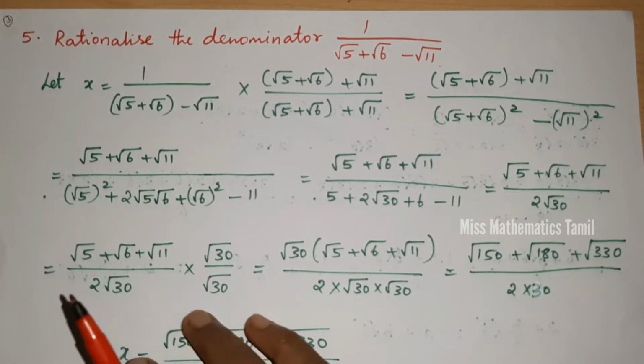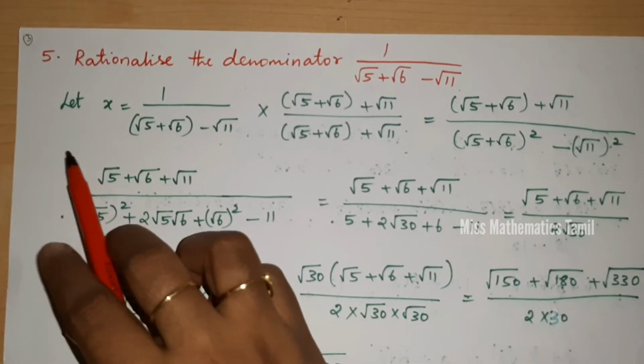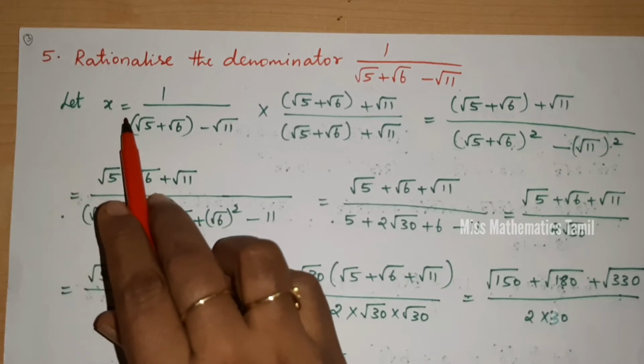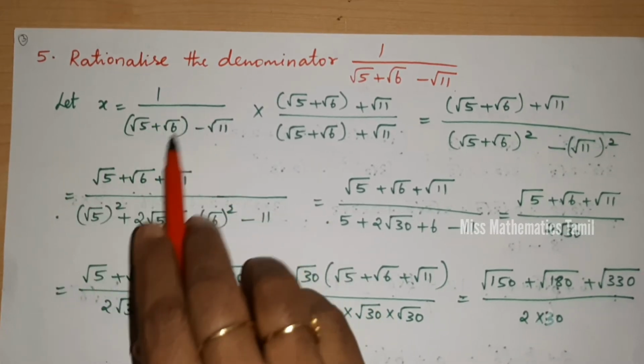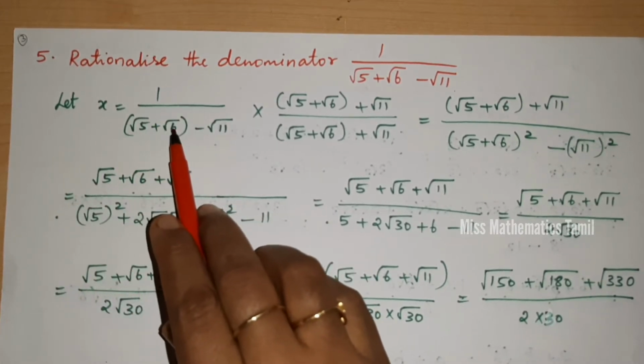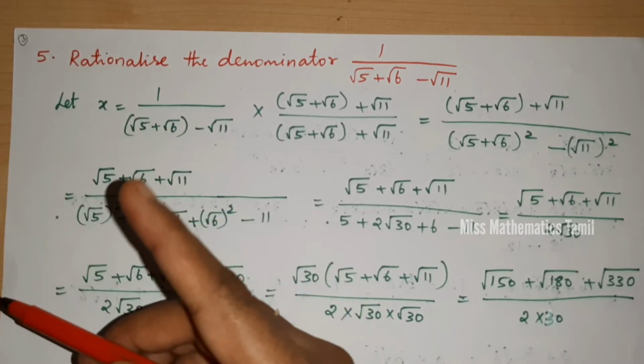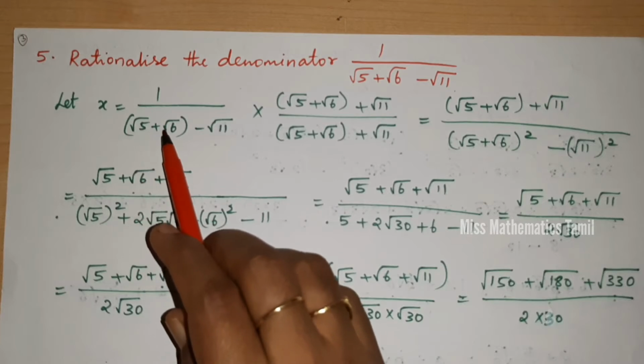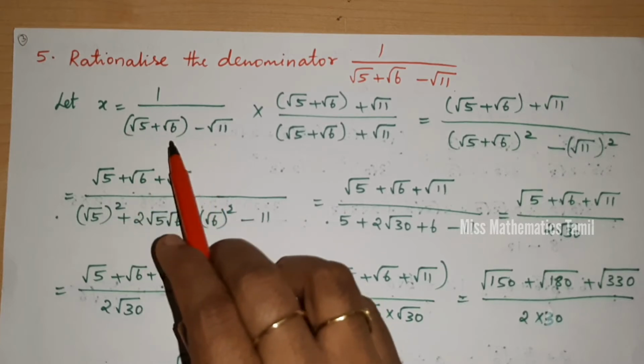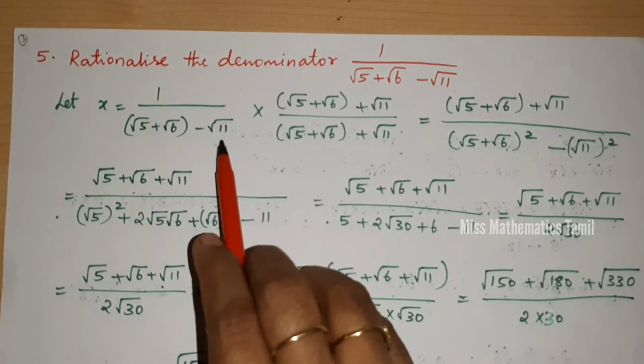Big question mark, right? So I am writing here, see carefully, let x is equal to 1 by root 5 plus root 6. I am taking these 2 terms as one term. Okay, root 5 plus root 6, so I am putting a bracket here, minus root 11.